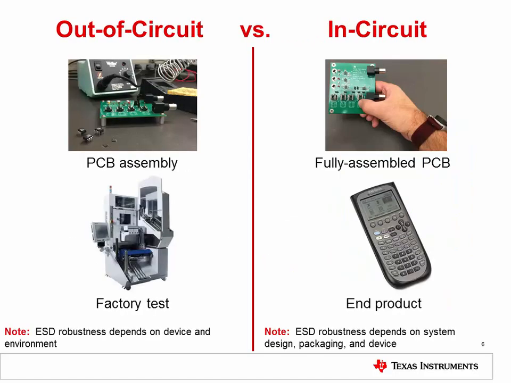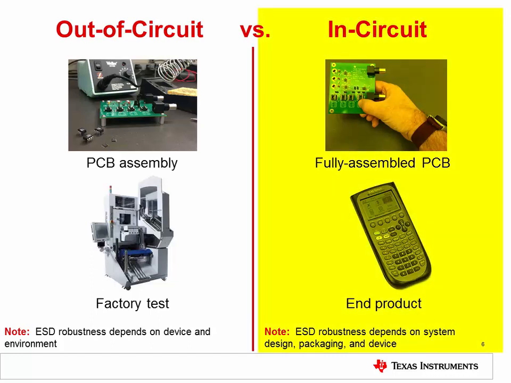There are two main categories of ESD events for semiconductor devices. An out-of-circuit ESD event can occur to a loose device, that is, a device before it is soldered to a printed circuit board. Out-of-circuit events can happen during manufacturing, factory test, or the assembly process. In general, factory test and manufacturing processes are designed to minimize exposure to ESD.